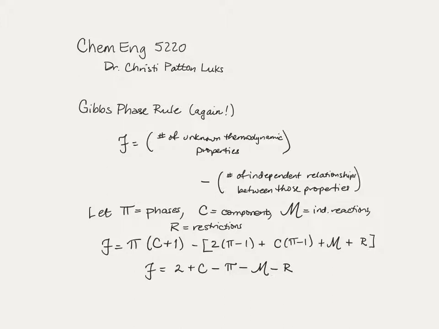Now, we've defined most of these other parts earlier, but we just want to re-examine this. In particular, I want to take a moment to focus on these independent reactions. So, if we were given a set of chemical reactions that we knew somehow could happen and would create all of the compounds that we observe in our final product, how can we rigorously determine how many of those are independent from each other?